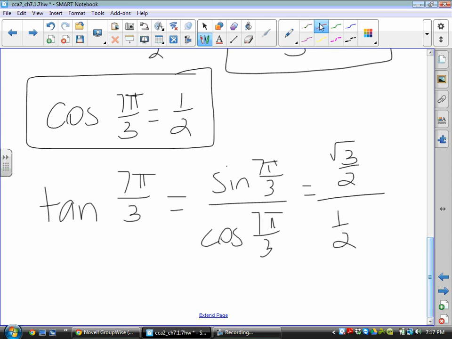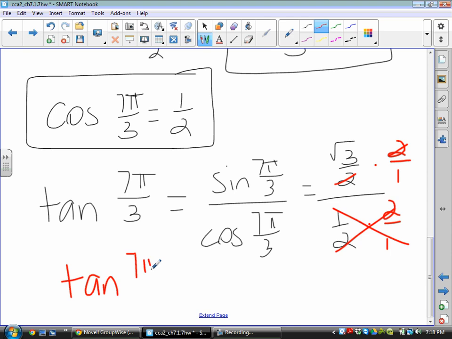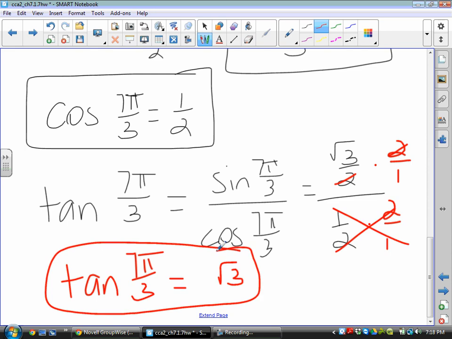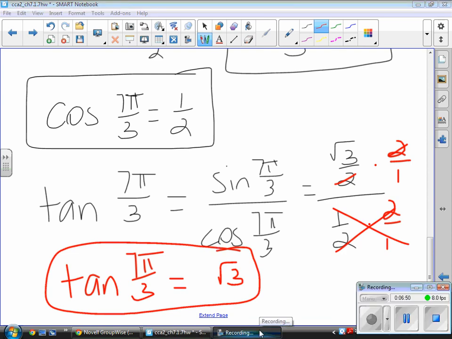To get rid of that, I'm going to multiply by the reciprocal down here, so this will cancel out. I need to do the same thing on the top of my fraction, so this 2 and that 2 are going to cancel out. So really the tangent of 7 pi over 3 is going to equal radical 3 over 1, or just radical 3. The new part of today's lesson was tangent. Tangent is sine divided by cosine, so you use the values you just found, divide them, and simplify.